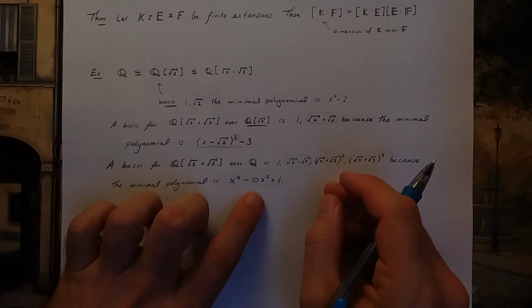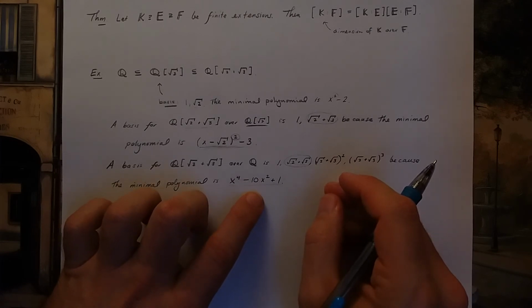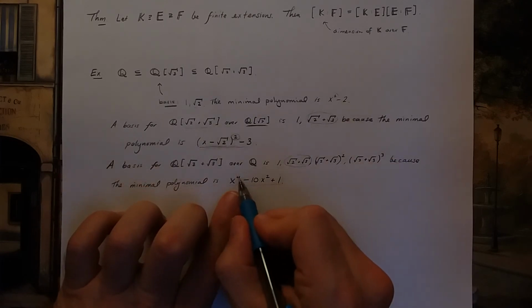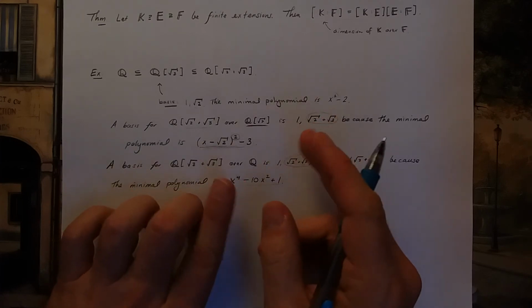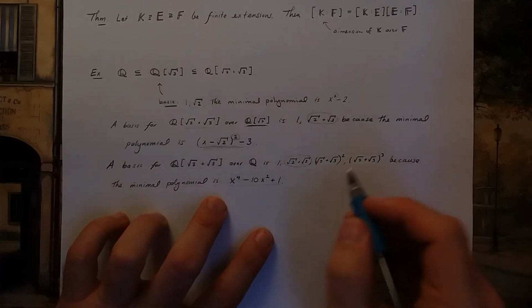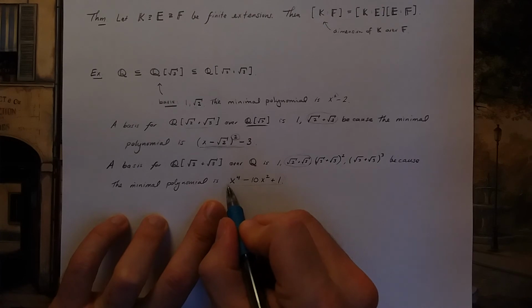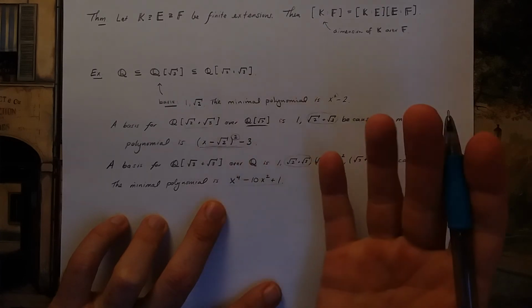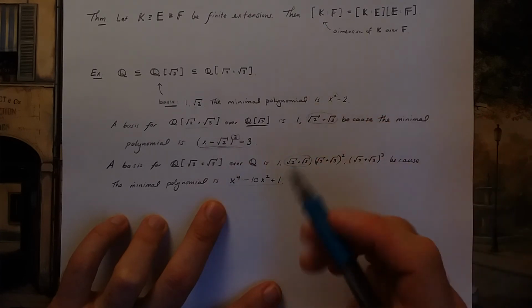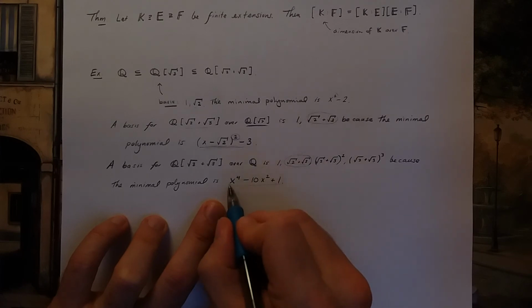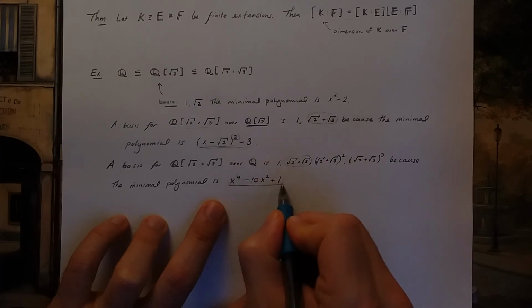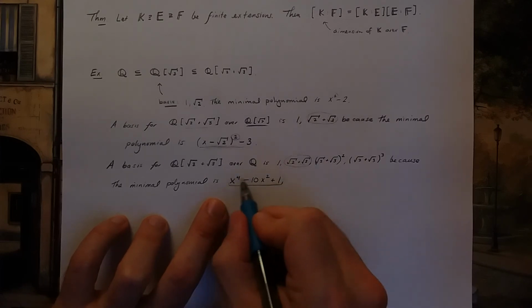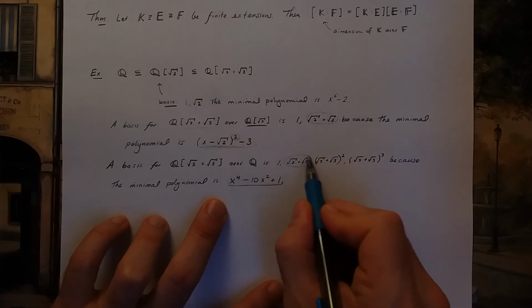So it has no roots, and then you could argue that it also has no factorization into 2 degree 2 polynomials over the integers. So I'm not going to do that verification. We did it when we discussed how to check polynomials are irreducible over the rationals or not. But regardless, this is irreducible. This is an irreducible polynomial, and it's the smallest polynomial that has this element as a root as well.